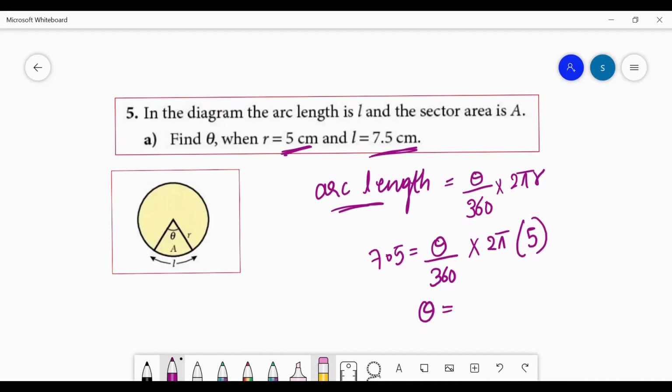And when you solve it, you get theta equal to 85.9 degrees. Now remember guys, whenever you're solving sums that involve pi, do not use 3.14 or 22 by 7 in your calculator. Just use the pi symbol itself unless instructed otherwise. Otherwise, you'll get an inaccurate answer.